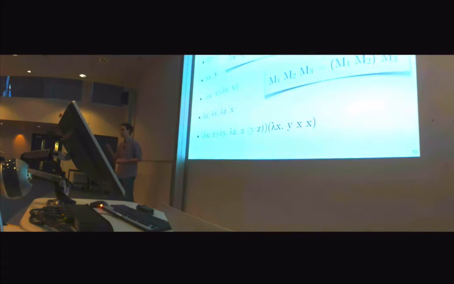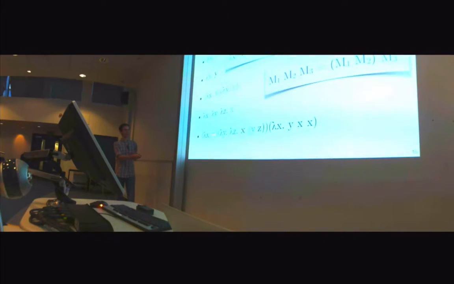We can continue this for the other lambda terms. So this x here is bound. This y is bound. This x is bound. And this x is, and this x is, there's some disagreement. So this one is free.